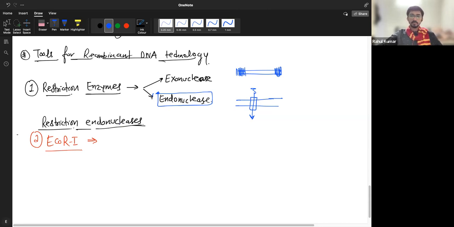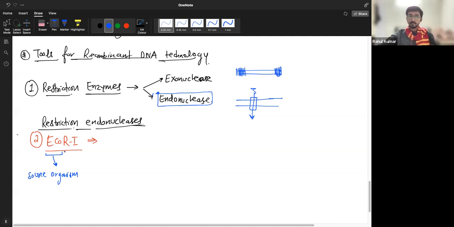For any restriction endonuclease, when we name it, the first part, the Eco, tells about the source organism from where this restriction endonuclease has been derived or extracted.